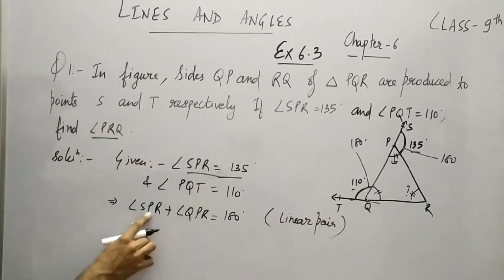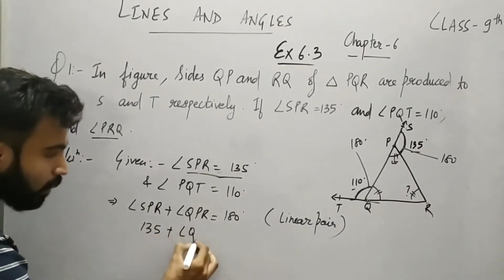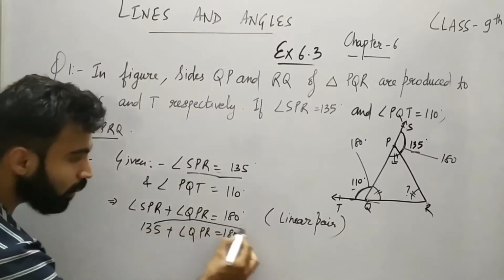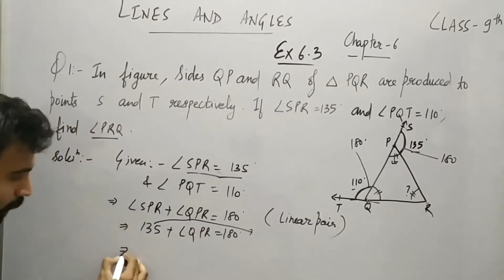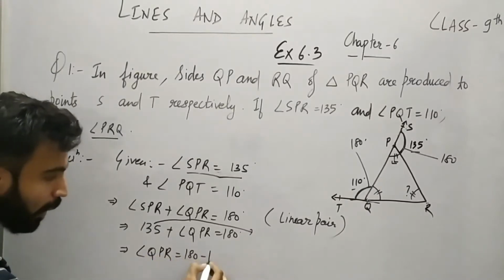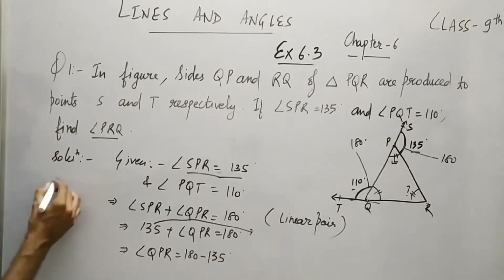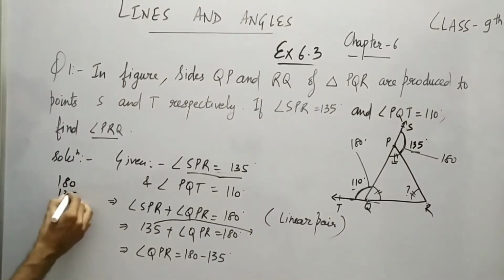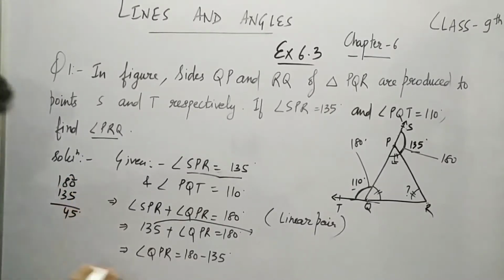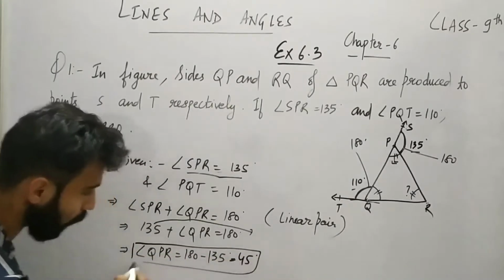So let me substitute the value of angle SPR here: 135 plus angle QPR equals 180 degrees. Now transfer this 135 over to the right hand side. This will give me angle QPR equals 180 minus 135 degrees. If I simply subtract, 10 minus 5 is 5, and 7 minus 3 is 4. So 45 degrees is angle QPR we have got, right?